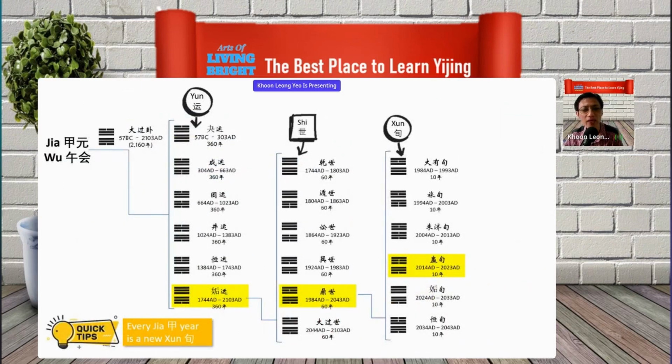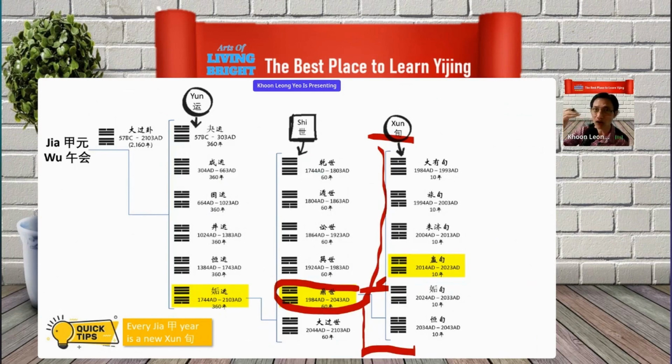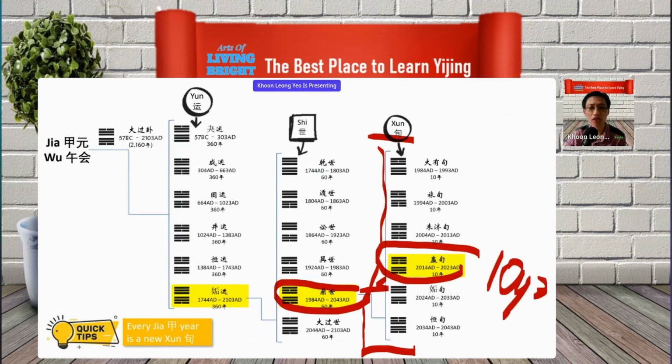So when we break it down, again, we can use this 鼎四 to break it up into 6 equal parts by changing each of the lines. How many times can you change? Because the gua only has 6 lines, so you can only change 6 times. So again, from bottom 1, 2, 3, 4, 5, 6. And therefore, each of these gua will last for 10 years. And right now, we are in this 蛊旬.